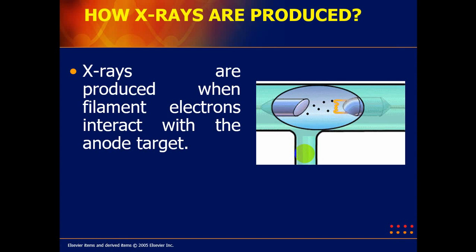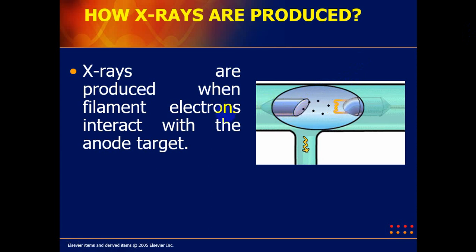So, ganyan puproduce ang X-ray. So, from filament, it will be bombarded to the anode, most specifically the target, and lalabas siya isotropically.